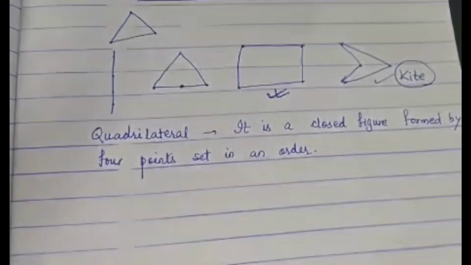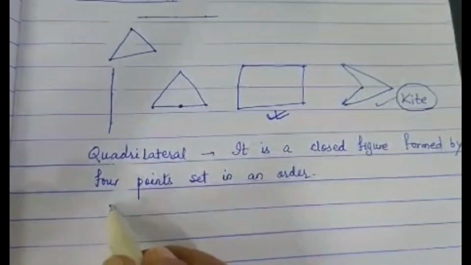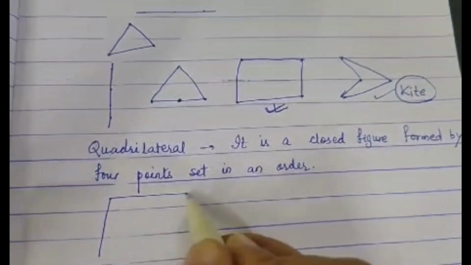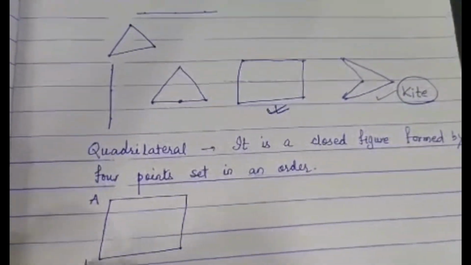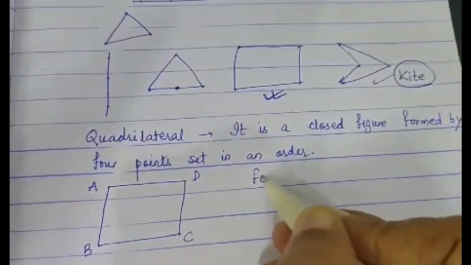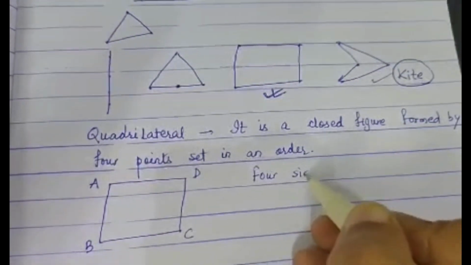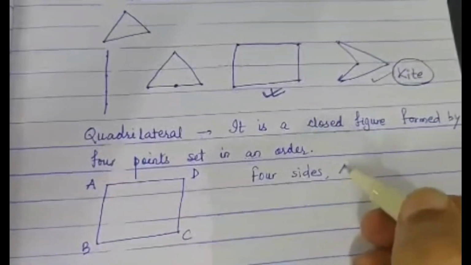A quadrilateral has 4 sides, 4 vertices and 4 angles. Let us suppose this is A, this is B, this is C, this is D. The 4 sides are AB, BC, CD and DA.